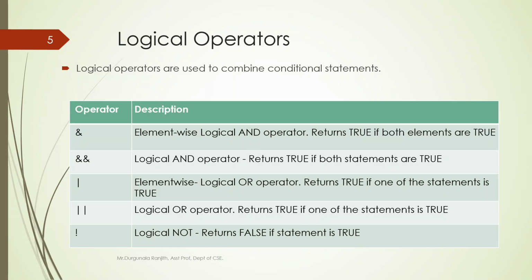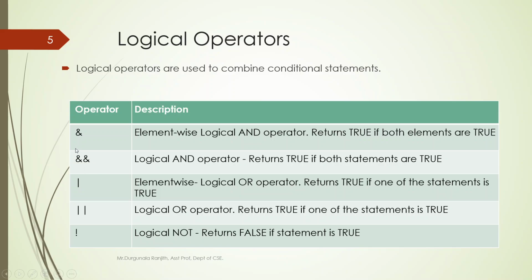Normally, in C programming we have the logical AND operator and logical OR operator, which could be treated as bitwise AND and bitwise OR. But here this is not a bitwise operator. It is an element-wise logical AND operator, and an element-wise logical OR operator, which means it is going to find the logical AND operation element-wise in the list of values.